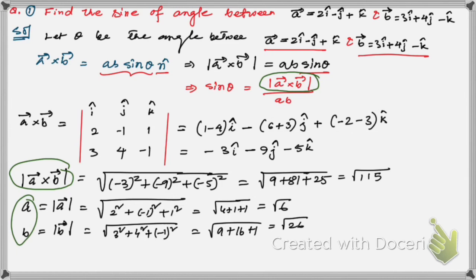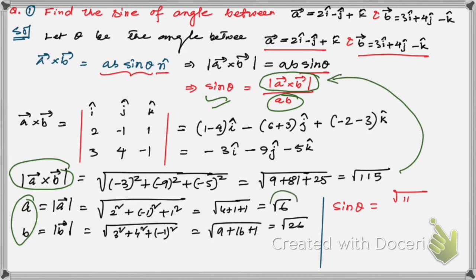Now let us put these values here, the magnitude of A cross B and the magnitudes of A and B. Putting those values here, sine theta is equal to this. So this is your answer. I hope you have understood this. Now let's move on to the next problem.